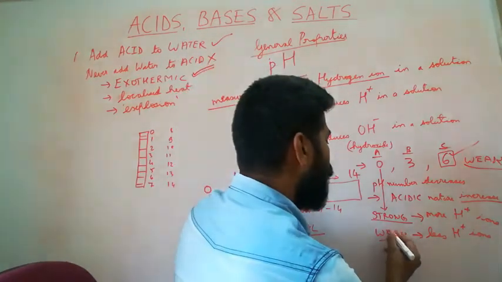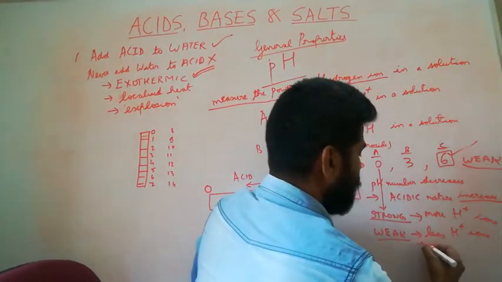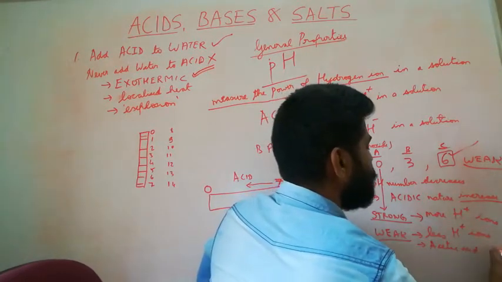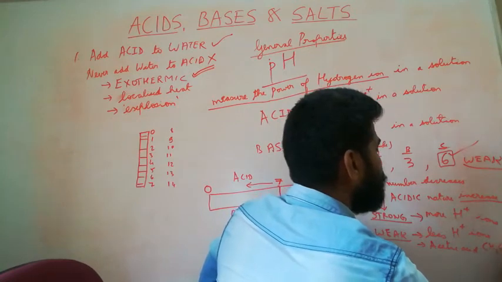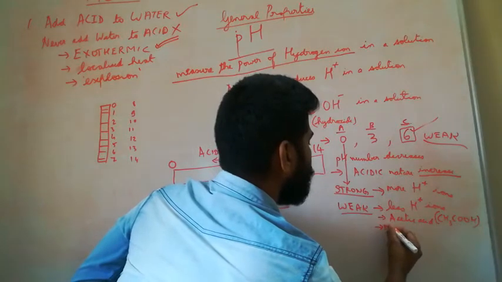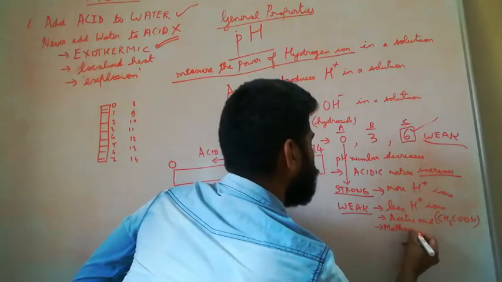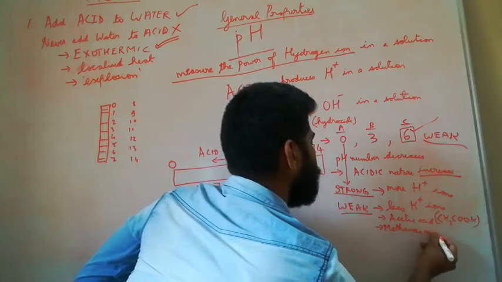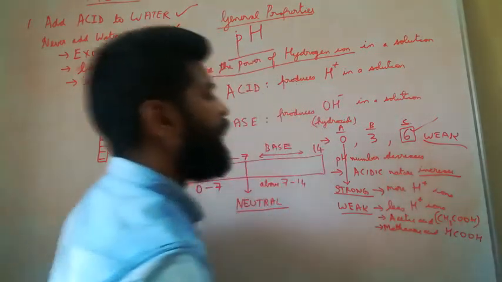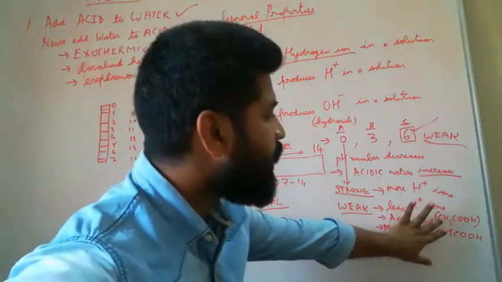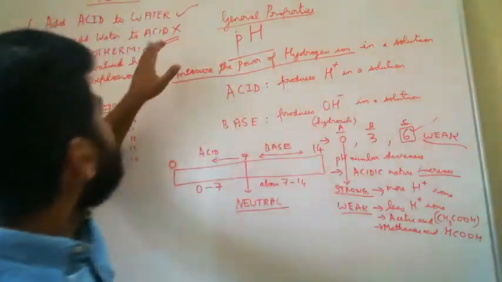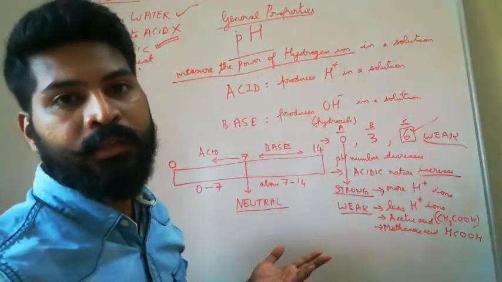Whereas examples for weak acids, we have acetic acid, that is CH3COOH, methanoic acid, that is HCOOH. These are organic acids. Hydrochloric acid and nitric acid would be synthetic acids.